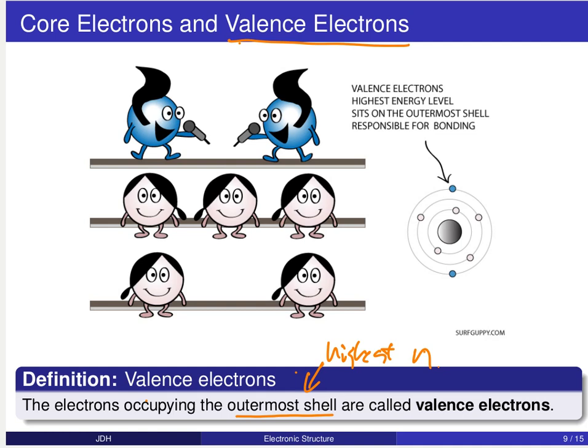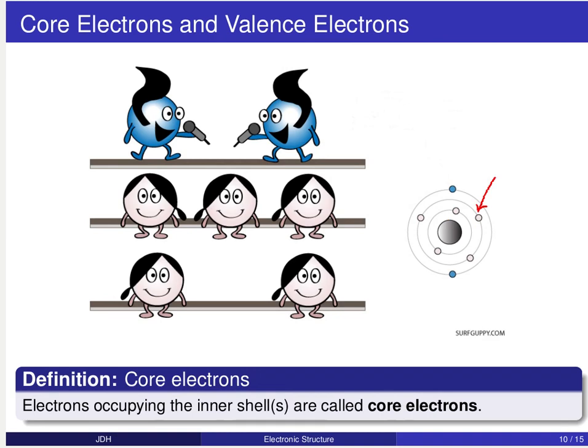In other words, they're bigger. So the valence electrons are basically the electrons in the largest or outermost orbitals. Denoted here in blue, we've got our high-energy electrons, see, they're up there singing with their microphone, and inside, all of the electrons in that inside region are called core electrons.